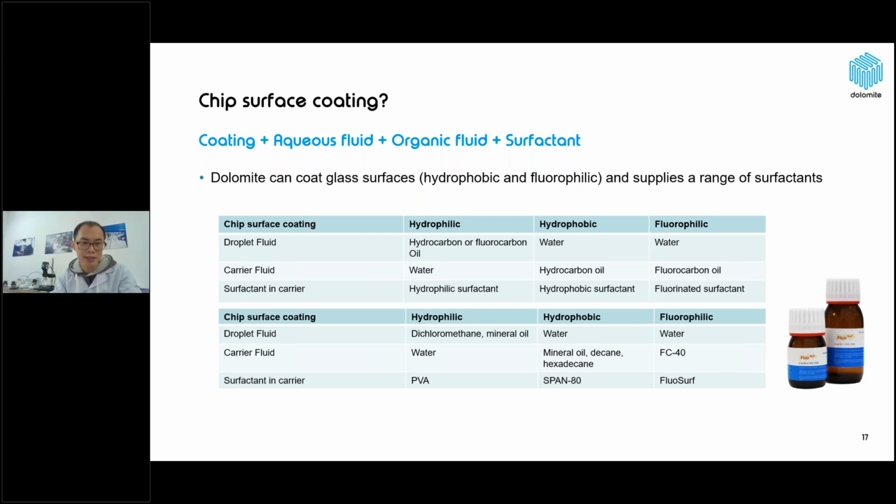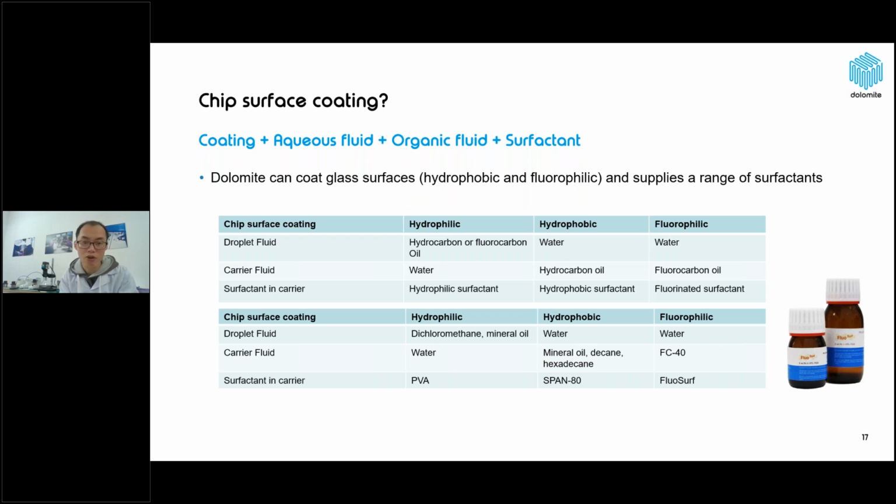You can see in the table that with the hydrophilic chip surface coating, we can use droplet fluid that could be hydrocarbon and fluorocarbon oil, for example dichloromethane or mineral oils. The carrier fluid should be water, the aqueous phase, and the surfactant in the carrier is a hydrophilic surfactant like polyvinyl alcohol.